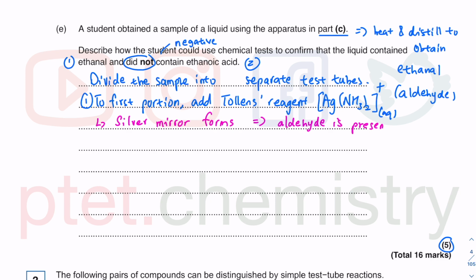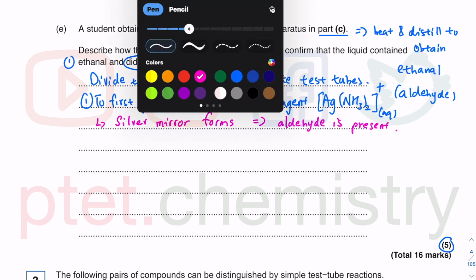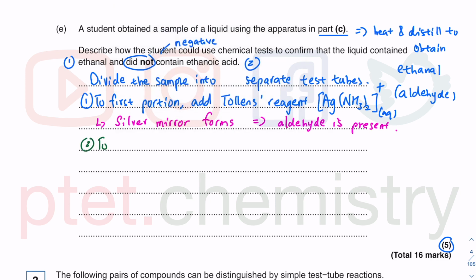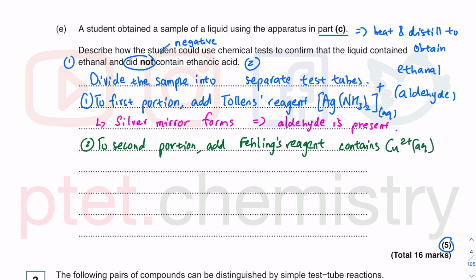What else can we do to confirm that it is aldehyde? We can do another test. So to the second portion, what I can do is I can add Fehling's reagent. So Fehling's reagent contains copper 2+ in solution, among other things. Okay, I'm not saying it doesn't contain other things. It contains copper 2+ in solution, so it is a blue solution.